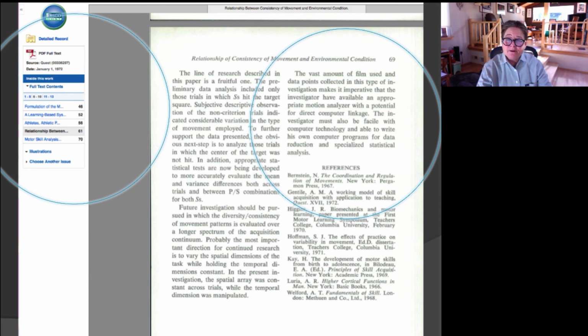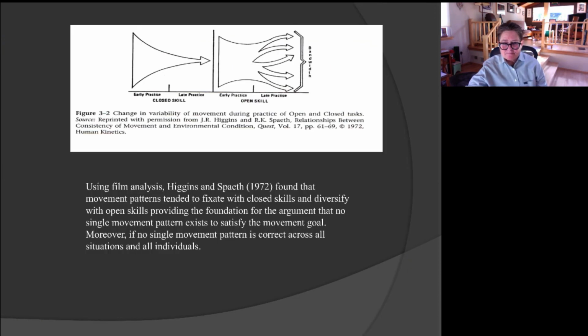The investigator must also be facile with computer technology and able to write his own computer programs for data reduction and specialized statistical analysis. Look at how far we've come in 48 years since 1972 when Higgins and Spaeth wrote this paper.